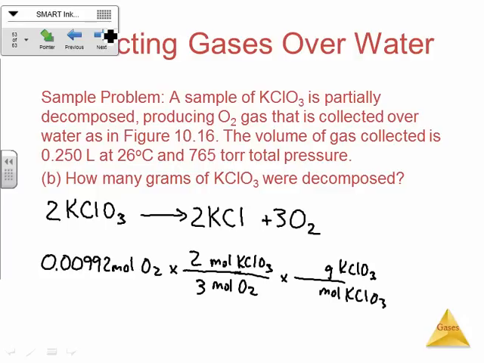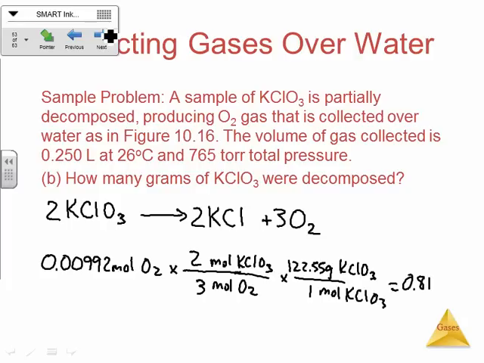Let's see here. Again, I'm going to round a little bit. 39.1 plus 35.45 plus 48 gives us about 122.55 for our molar mass here. And when we multiply all of this together, it should give us 0.81.